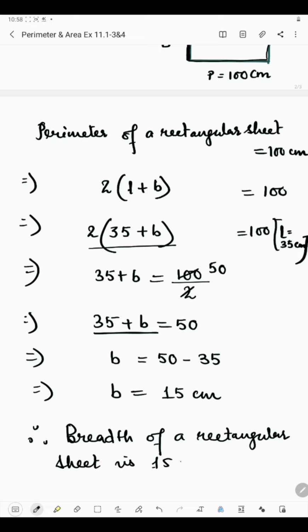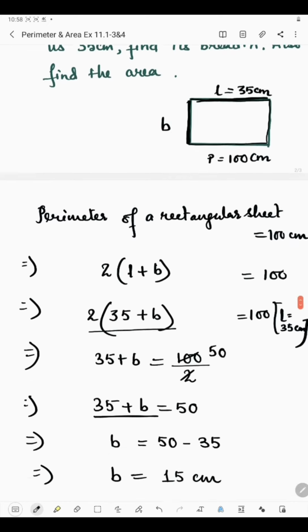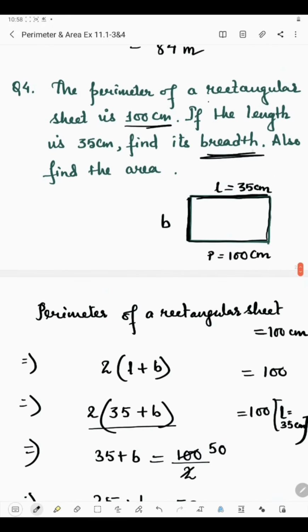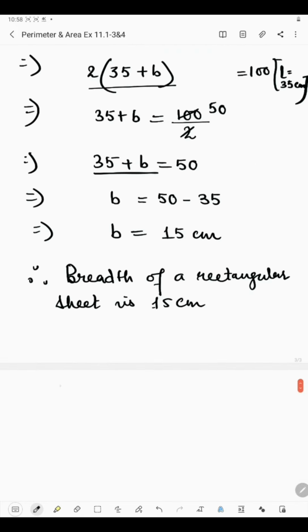15 centimeter. Okay, so in the first part we had to find the breadth. What we have got is 15 centimeter. Okay, so this we have got. Now next we will have to find the area. So what will be the area? Therefore area will be length into breadth.